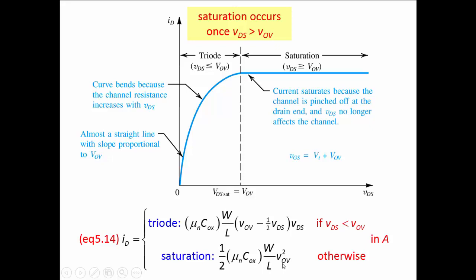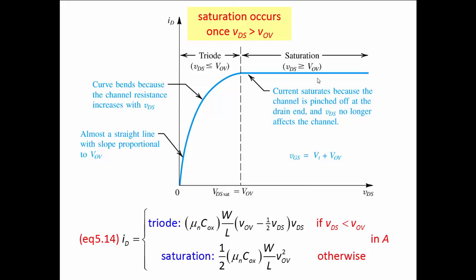Now we're going to look at what actually happens in the saturation region, because it doesn't actually stay completely flat. It actually has a shallow slope, and this is called channel length modulation. You've maybe seen this previously, but we'll look at some of the underlying physical reasons for it. Before we leave this slide, just to recap, the MOSFET has these two regions that we've looked at.